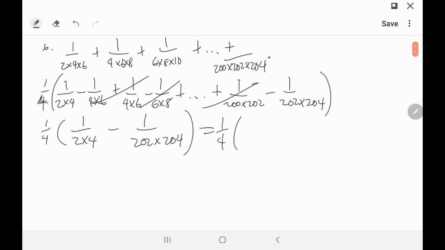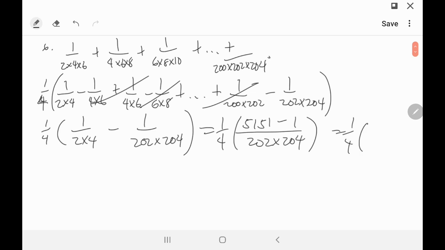Okay. So our common denominator now will be 202 times 204. Okay, so 202 times 204 divided by 8, that's 5,151, minus 1.